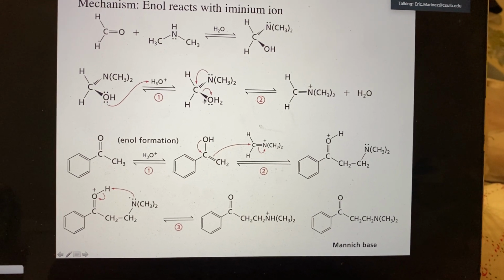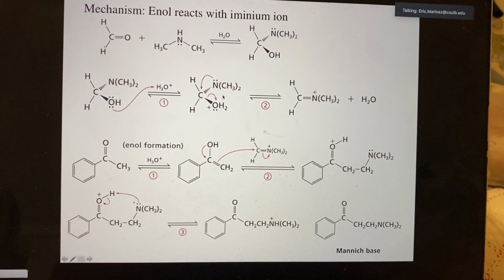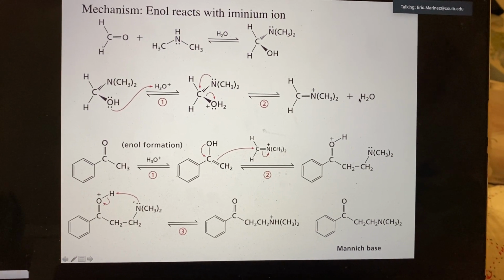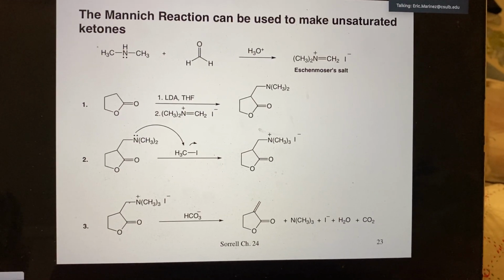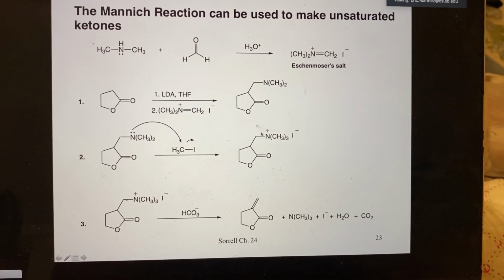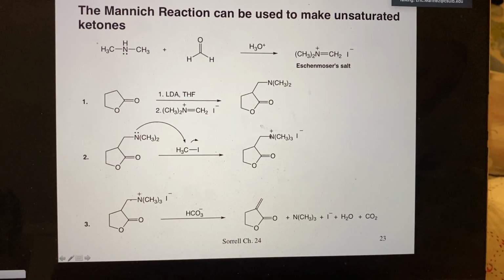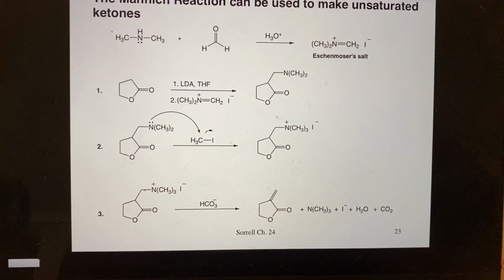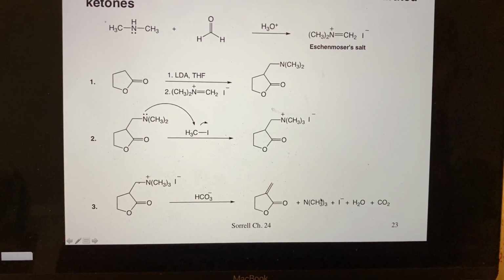But why is it a good leaving group? Well, it's protonated here. If it was to leave, it leaves as water, which is very stable. There's no charge on it. Well, the same thing applies here. The reason we're methylating this is that now I have a nitrogen with a positive charge. It should be a good leaving group because it leaves as a pretty stable base, trimethylamine.